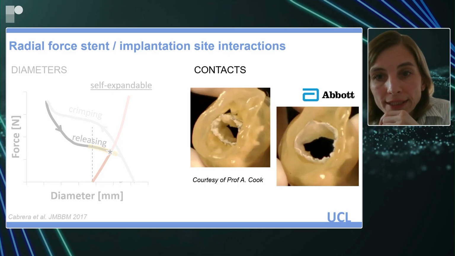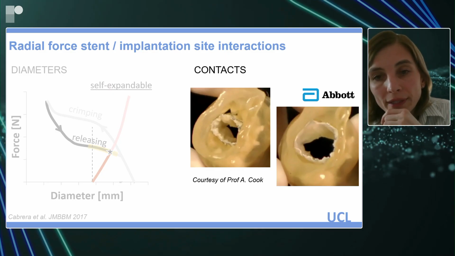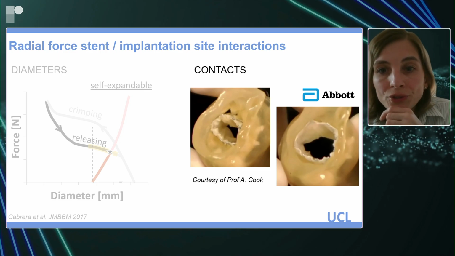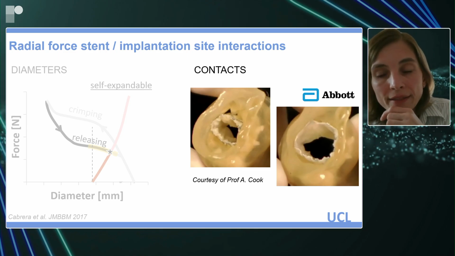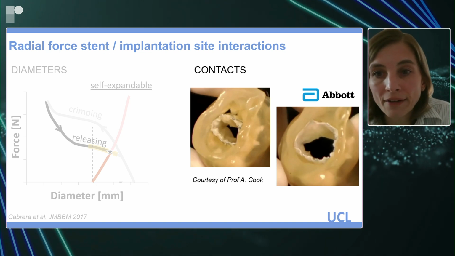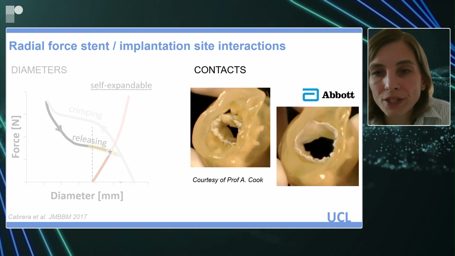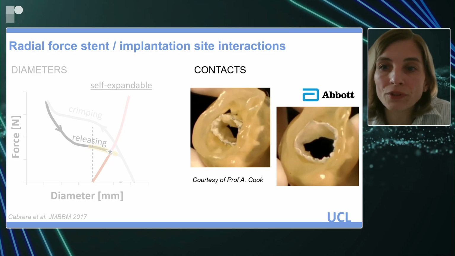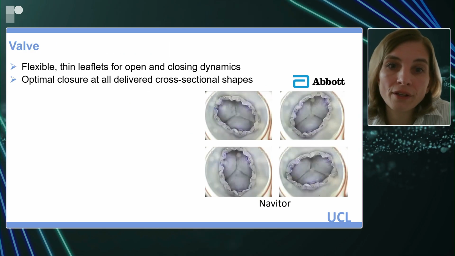We also look at contacts, and you can see in the first picture where clearly there is not a good position of the device in the implantation site. And apart from the issues in terms of hemodynamics, you can see that with Navitor, achieving a full circumferential opening along the entire cross-section guarantees a better distribution of the radial forces in this direction.